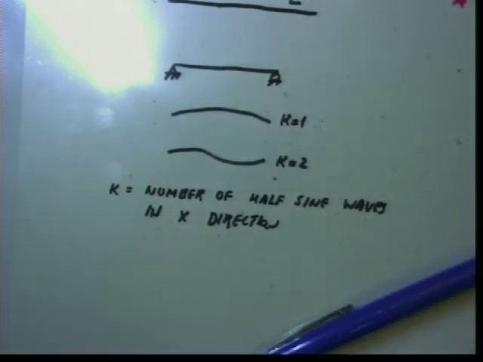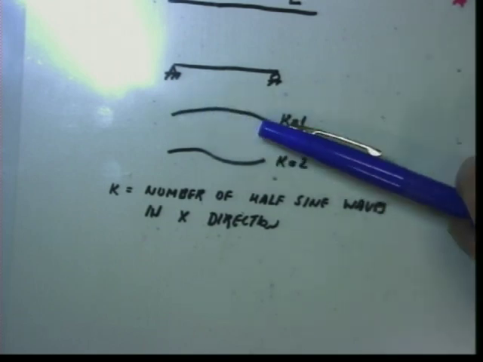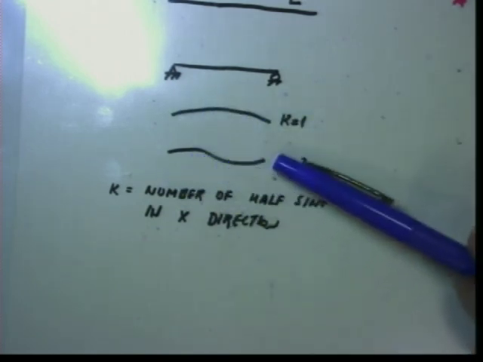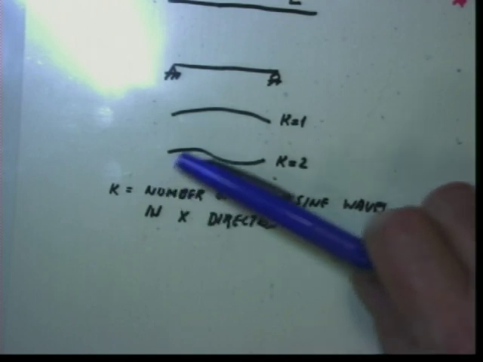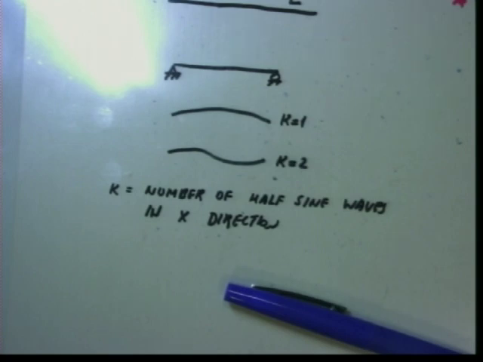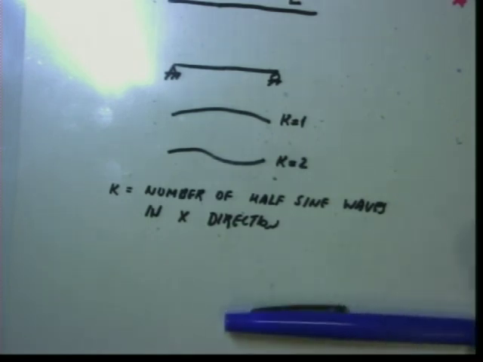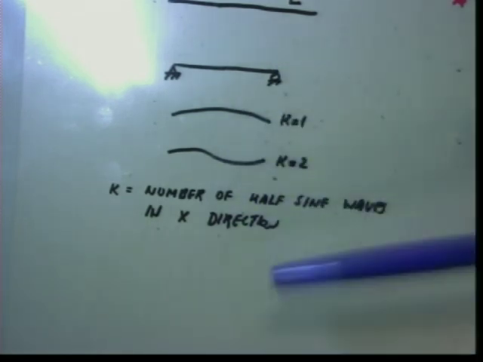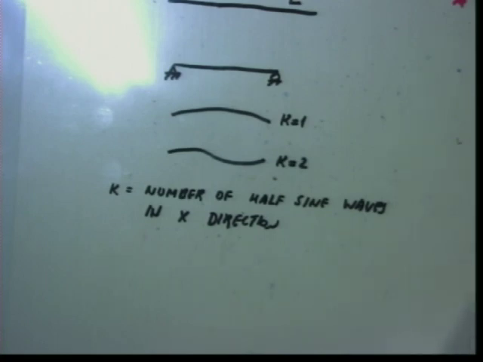So when the system vibrates at the first frequency, it vibrates like this. When it vibrates with the second frequency, it vibrates in this shape. When it vibrates with the third frequency, it has 3 half sine waves, etc. So actually this system can vibrate in any of these forms, depending upon what is realized in the experiment.